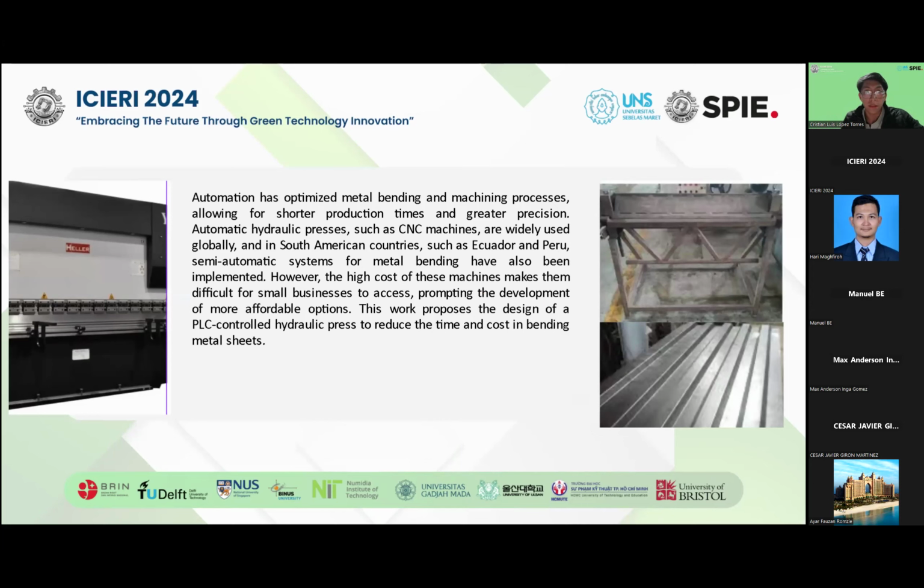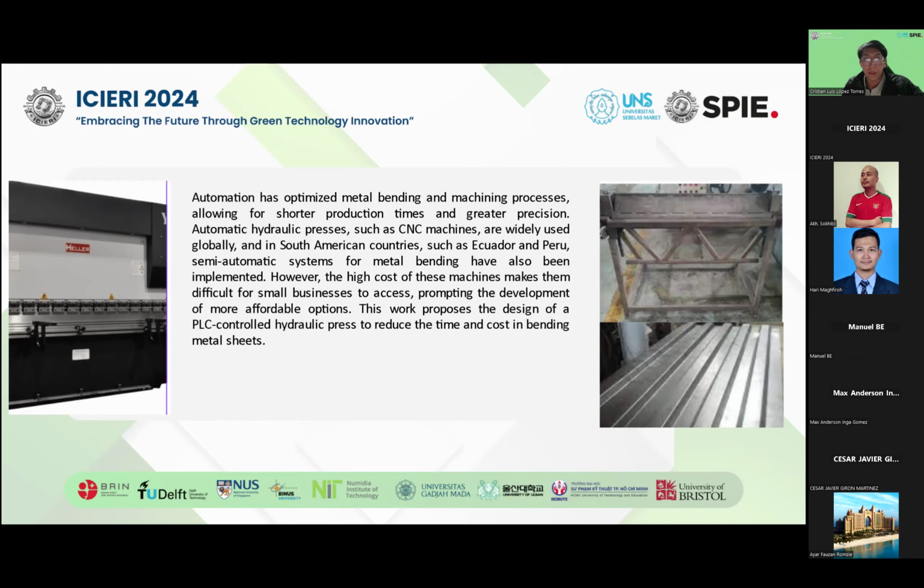Automation has transformed the metal bending process around the world, with semi-automatic hydraulic presses, including CNC machines, providing high precision and fast production. However, in Ecuador and Peru, the available semi-automatic folding machines are still very expensive for a small business.